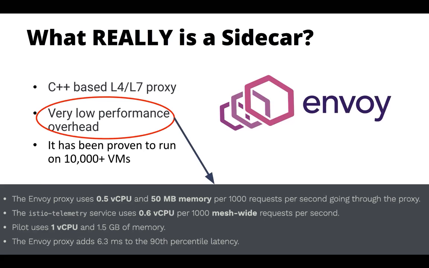Then Istio telemetry, that's an extra component. It's not related to the sidecar at this point. And as you may see at the bottom, the Envoy proxy adds 6.3 milliseconds to the 90th percentile latency for your traffic. So I wonder if you think it's a lot or it's not a lot.